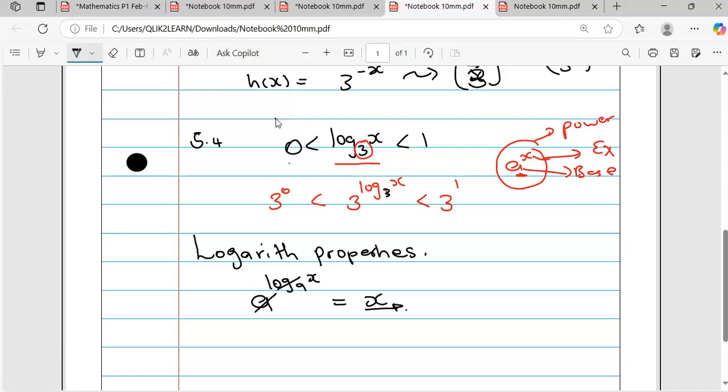Then you are left with 3 to the power 0 less than x, which is less than 3 to the power 1. Any number to the power 0 is 1, so 1 less than x, less than 3. That is your solution. So x must be less than 3 and x must be greater than 1. Then you are done. You collected all the marks on question 5.